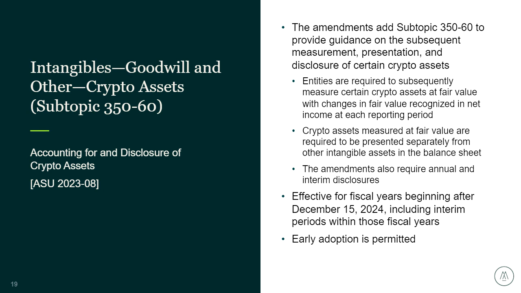So this will still be presented separately from other intangible assets in the statement of financial position, and will require some additional disclosures to show how this fair value was determined. And this standard is going to be effective for fiscal years beginning after December 15, 2024. So it's coming up pretty quickly.